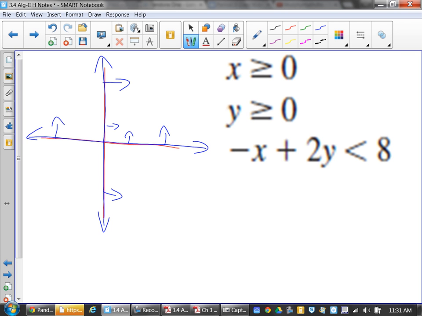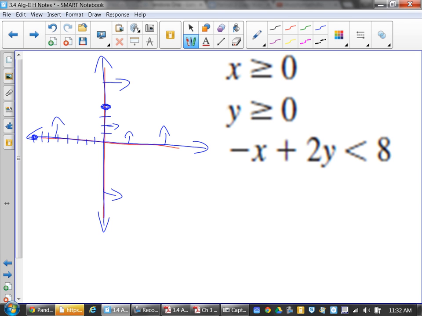Now here we have our -x plus 2y is less than 8. It's set up in such a way to do your quick graph. What's your y-intercept? What's your x-intercept? Solid or dotted?